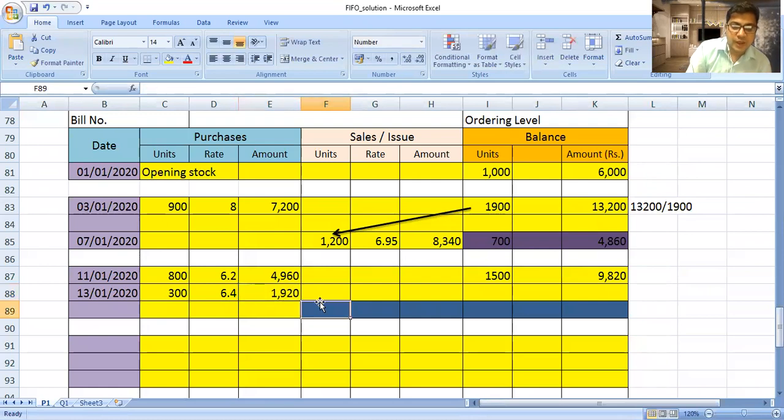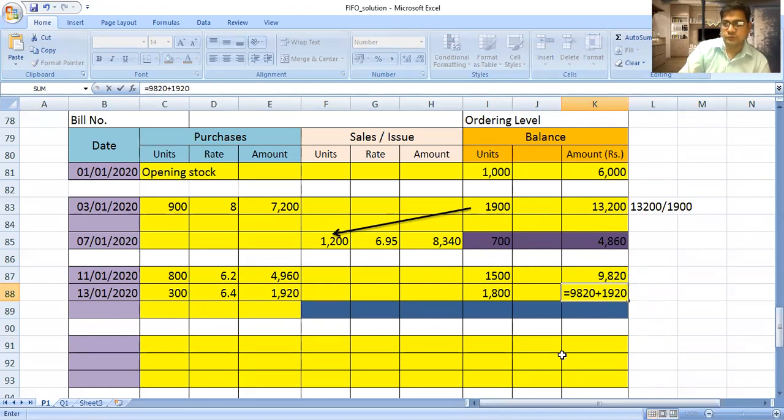After that, previous date number of units 1500. Now new purchase units we have to add, 300. Total units are 1800. Now their values we have to find out. Previous closing balance 9820 plus new purchase value in rupees 1920.